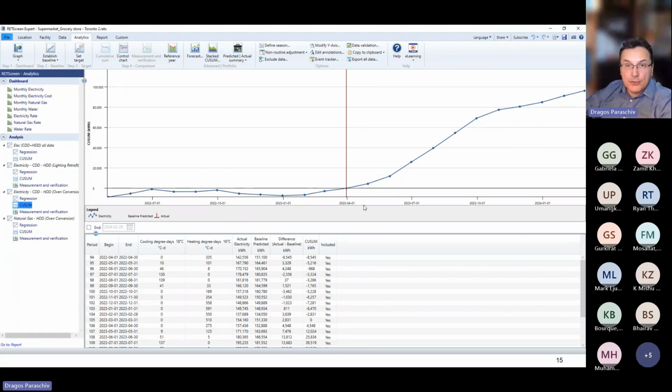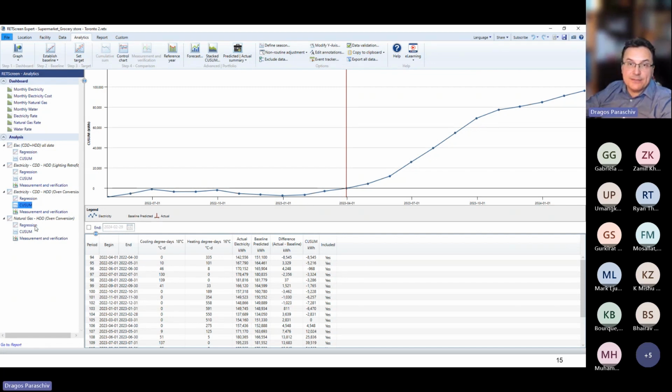And as expected, because we converted natural gas cooking equipment to electricity, we see an increase in the electricity consumption for this project. So we have to be aware of the impact on electricity consumption. That's what we see after the project was complete.